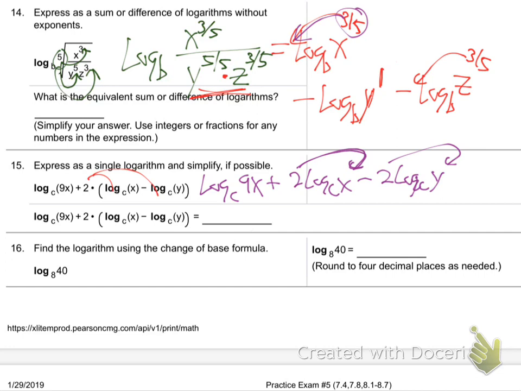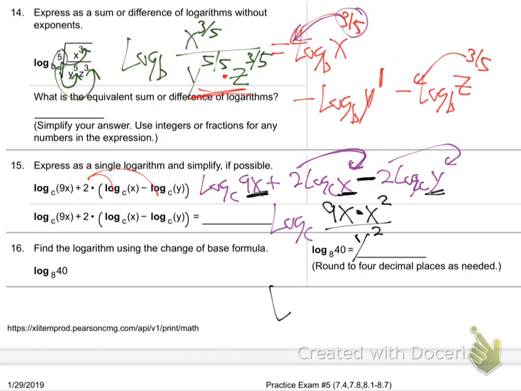So then we can put this all into one log. Log base c, and then that's going to be 9x from here times x squared from there over y squared, because the minus means divide. Remember those properties? So the y squared goes down below.